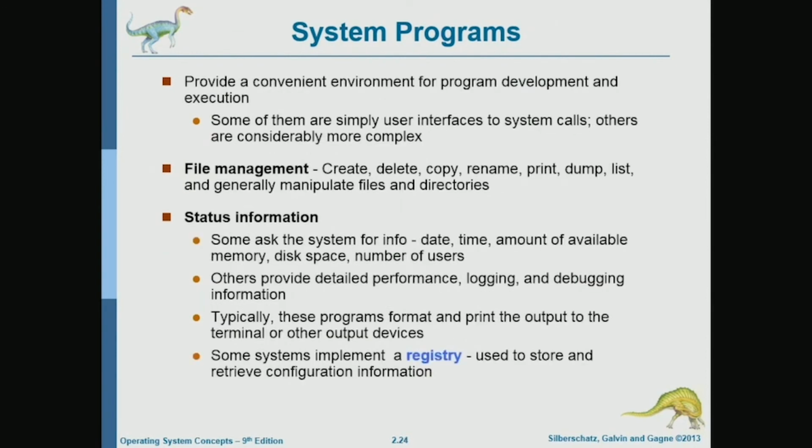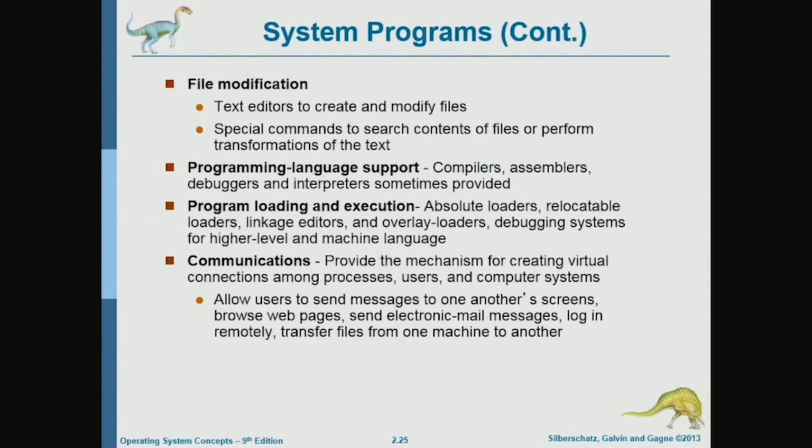So file management is creating a file and deleting and renaming, and the file manager basically is what we mean by file management. While file modification, an example of a system program that does file modification is a text editor. That's a system program. Programming language support, like compilers, assemblers, debuggers, interpreters, linkers.